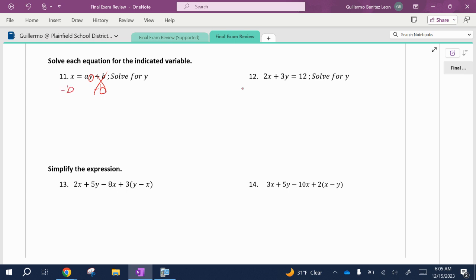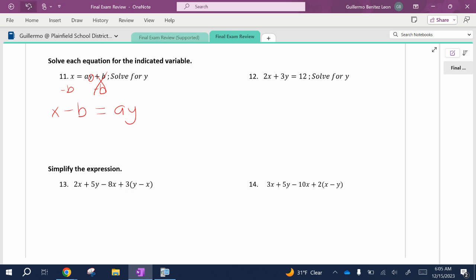X minus B. There's no way for me to actually subtract letters, so I'm going to leave it as X minus B equals AY. When there's two things next to each other, A and Y, with no operation, those are being multiplied. It's kind of like if there was a 4y, 4 times y.